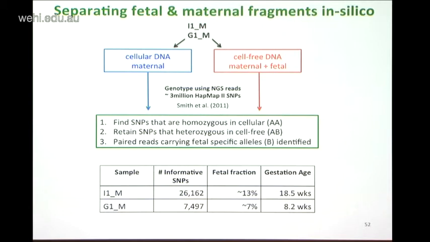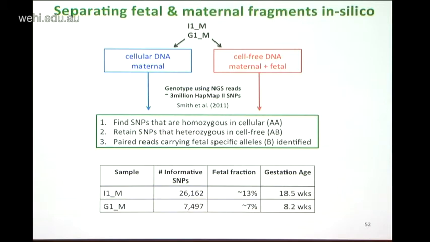So at these informative SNPs, we know that the fragments that carry the B allele are actually fetal, and then we can separate them out and assign the shared allele as the mother.